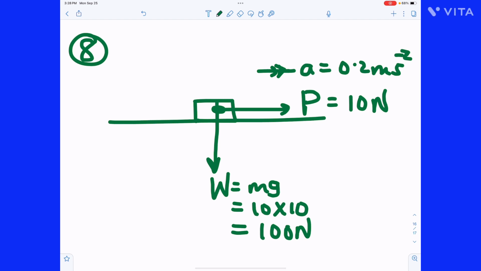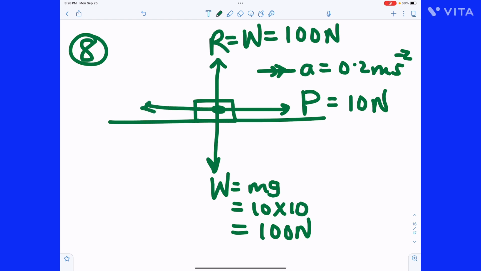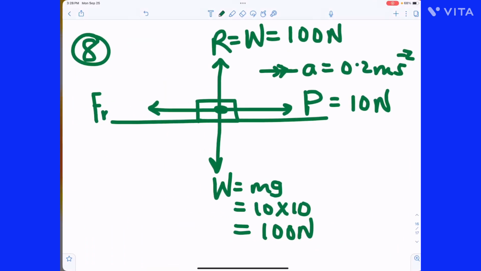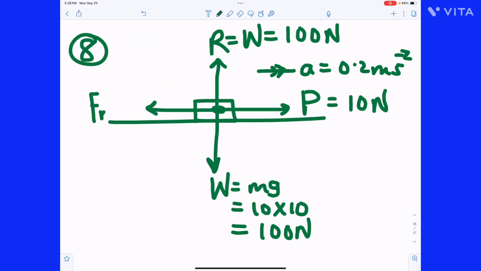So the normal reaction R will still be equal to W, 100 Newton like we said before. Now, frictional force, we don't know. Let me just put FR here. The question says, if the acceleration due to gravity is 10 meters per second squared, the coefficient of friction between the moving mass and the table is, so here now we are looking for frictional force.